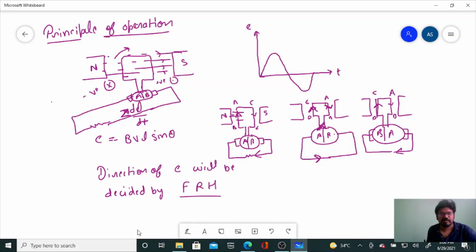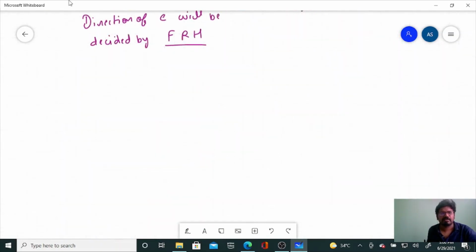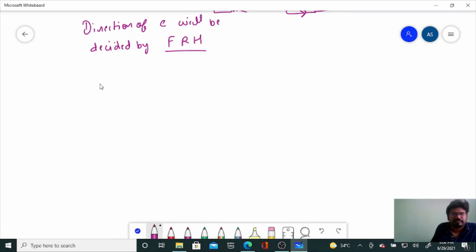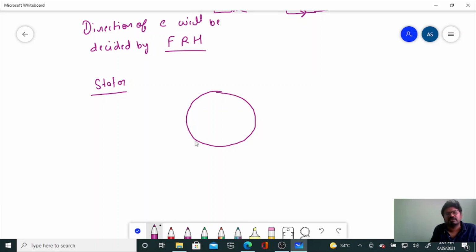Okay, so first let's discuss the stator. The stator is where we produce the operating flux. It is nothing but a yoke. Let's draw the yoke.